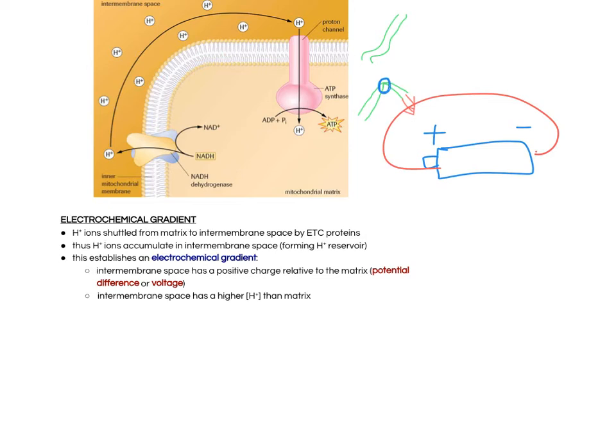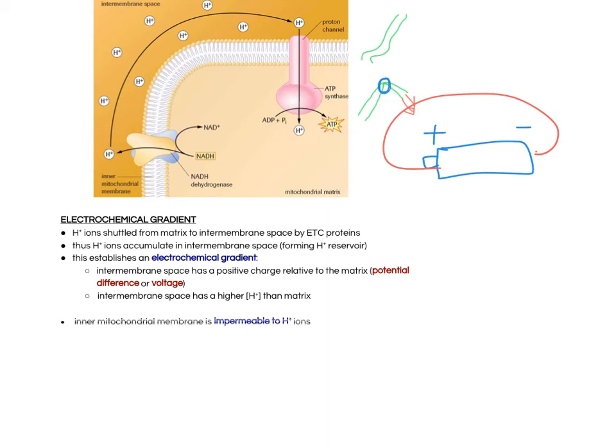So, other things to mention. We know that there's the hydrogen ion concentration. Why is it that these hydrogen ions don't just flow back into the mitochondrial matrix, even though they've been pushed out?